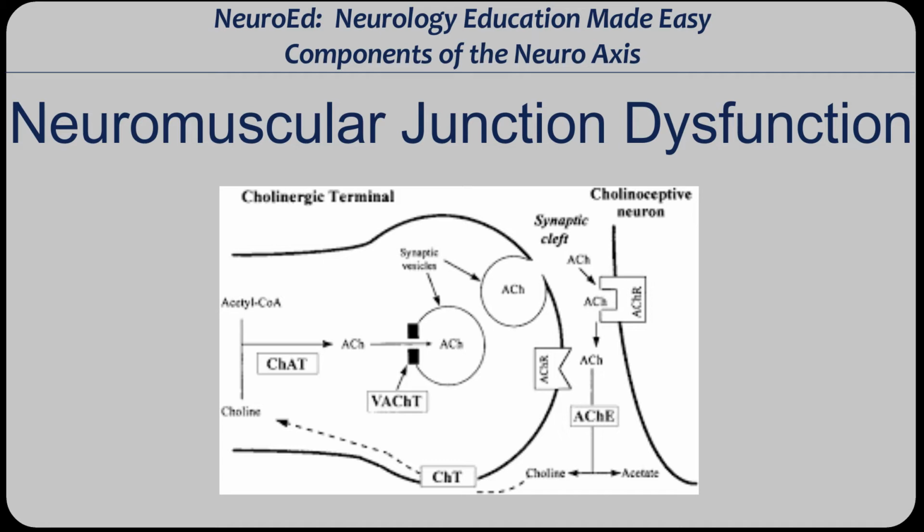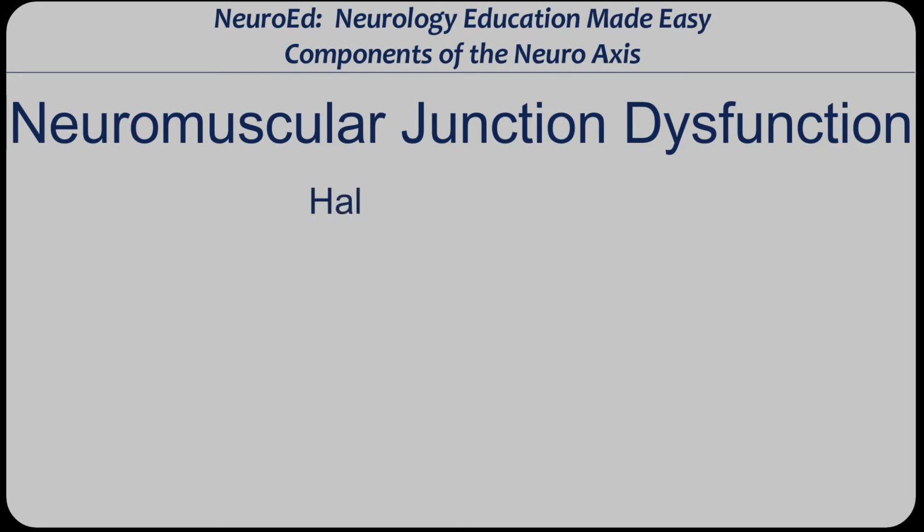So what we just went through here is the normal process of an axon releasing acetylcholine, stimulating the muscle, breaking down the acetylcholine, and resorption of the choline. I will not get into the underlying pathophysiology of myasthenia gravis in this video, but rather we'll just talk about the hallmark signs and symptoms of myasthenia gravis.